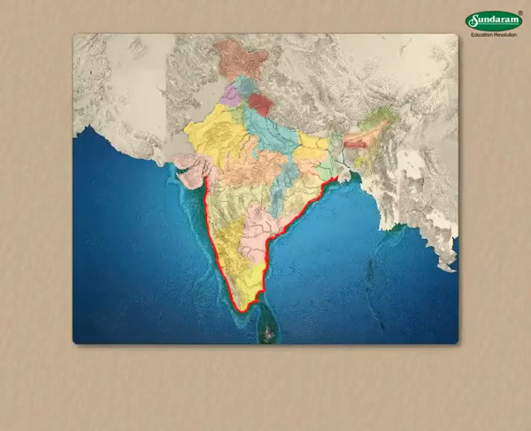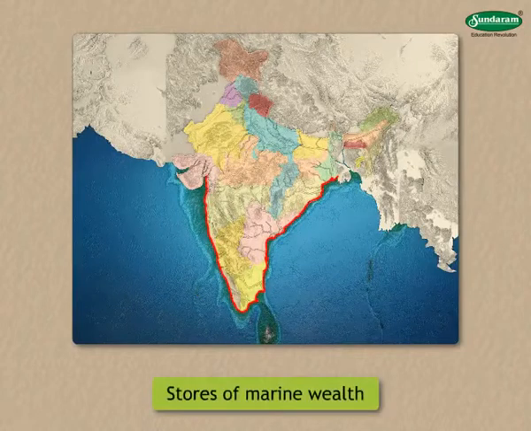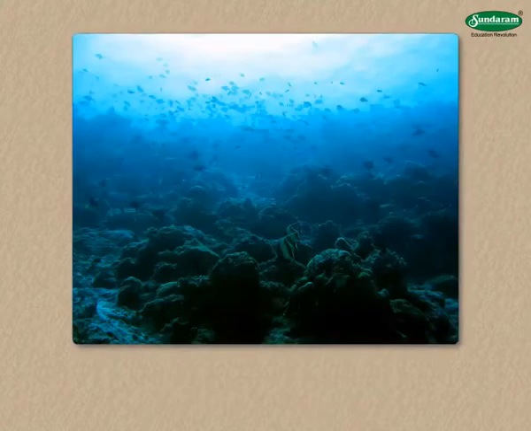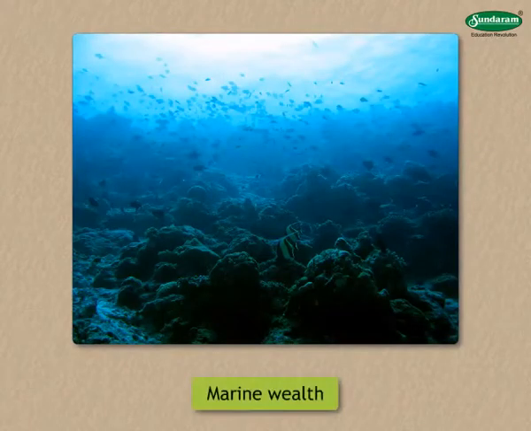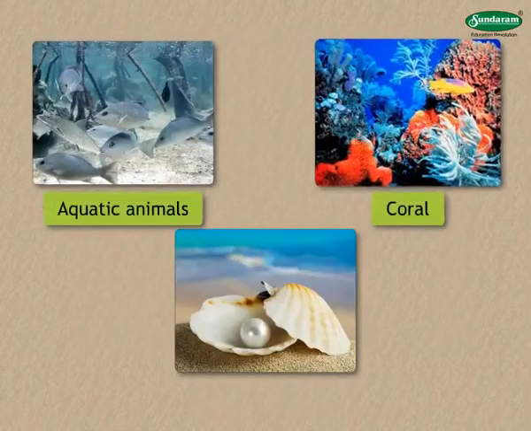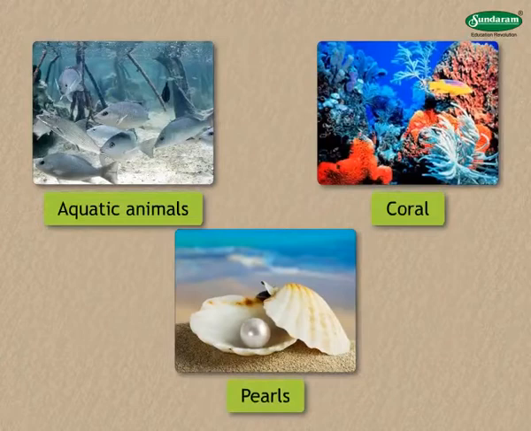Three sides of the Indian mainland are surrounded by sea. There are stores of marine wealth on the coastline, in the seawater, and on and under the seabeds. This wealth obtained from the seas and oceans is known as marine wealth. We find aquatic animals, coral and pearls in the sea.